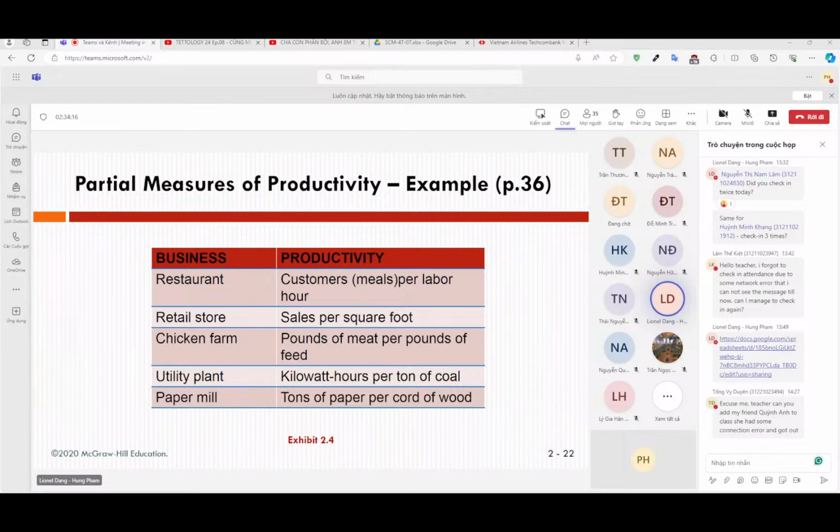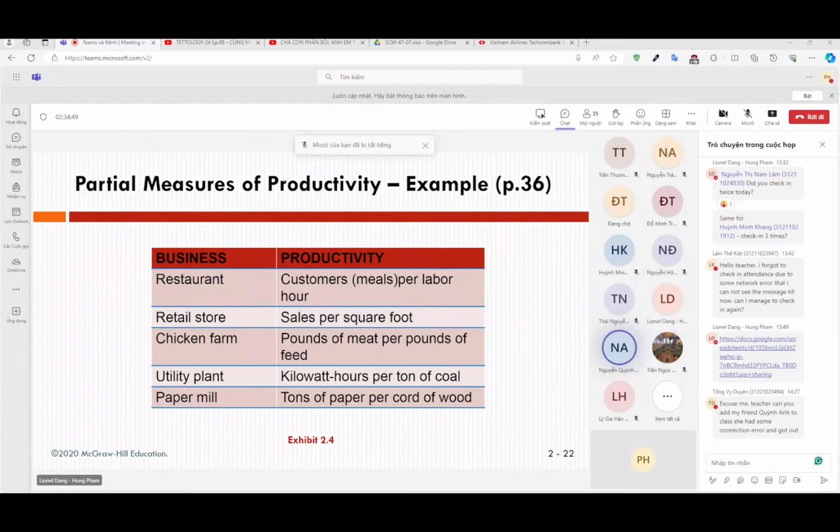You take the total revenue of that day divided by that labor to have the productivity of that day. And then you can go down to labor hour. For example, you employ people for 16 hours, you can divide by 16 to have the productivity per hour for that restaurant. Do you get what I mean?